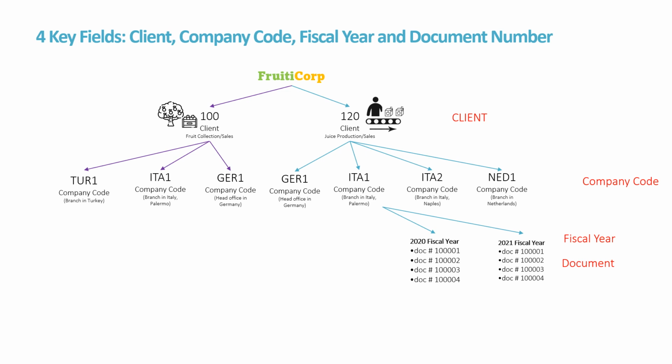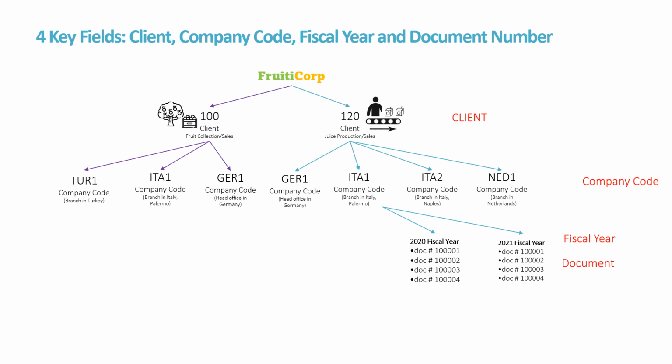So we use these four key fields in order to connect or map those BSEG and BKPF tables. First one, client, which is representing separate entities or businesses within the single SAP system.